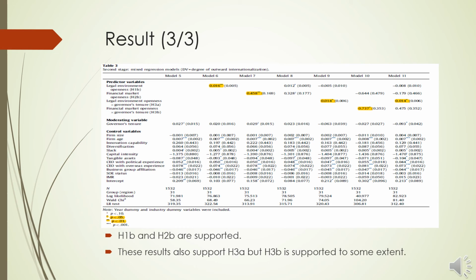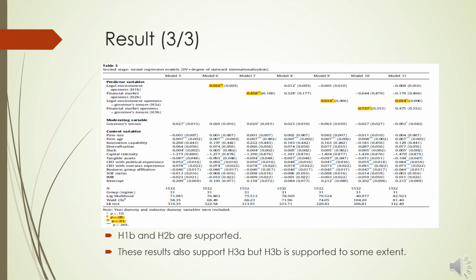And in all these three models, that is Model 6, Model 7, and Model 8, it has a significant and positive effect on a firm's degree of internationalization. So therefore, we say that hypothesis 1B and 2B are supported.